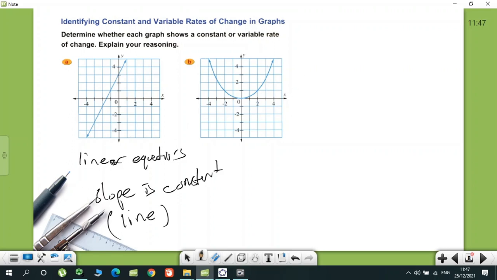If it's not linear, if it's not a line, it's a variable rate of change. To decide if it's a variable or constant rate of change, we check whether it is linear or not. If it's linear, constant. If it's not linear, variable rate of change.